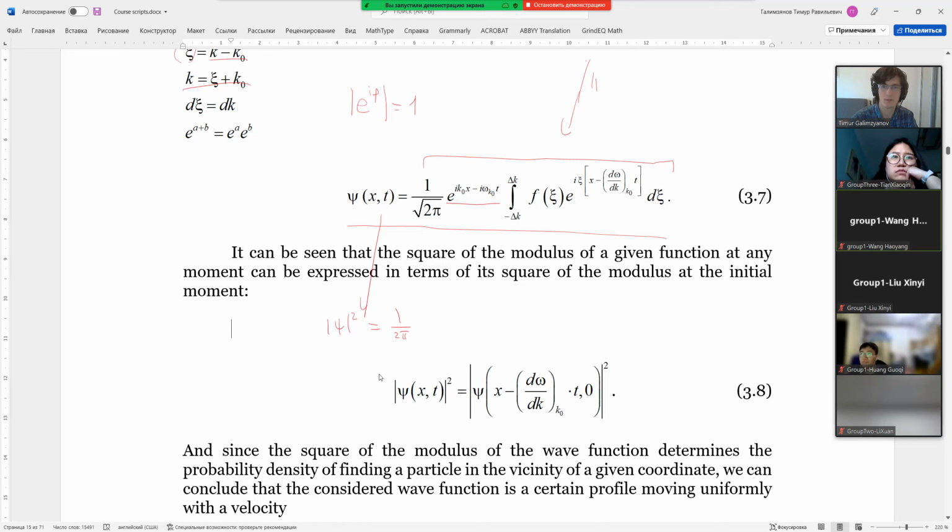The absolute value of this factor equals 1, and that means that we stick to the absolute value of this integral, f of psi times e to the i psi times x minus d omega dk times t, d psi. Sorry for my writing.